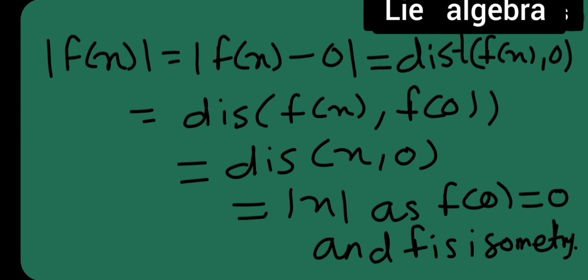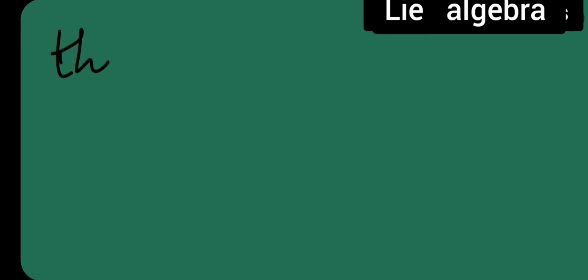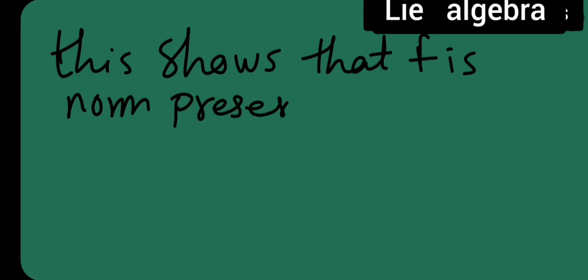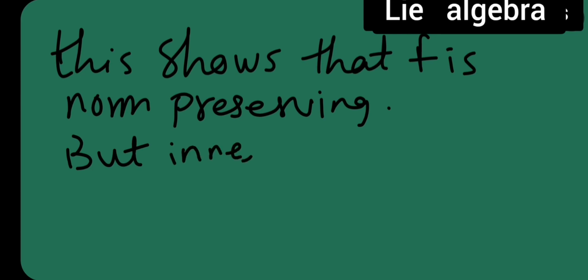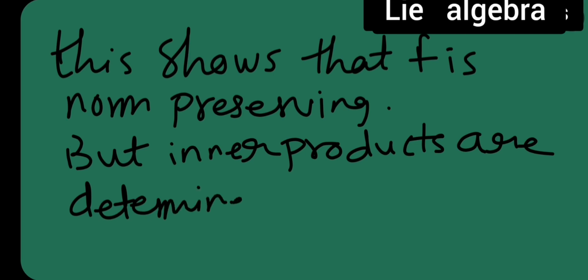Okay, so next this shows that f is norm preserving, but inner products are determined by norms.